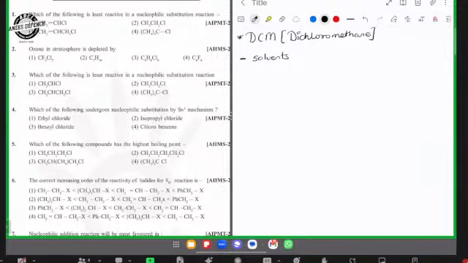Okay. So what are the harmful effects? It harms the central nervous system. Whenever we are working with DCM, we have to take proper precautions by wearing a mask and so on. It's not only in the first exposure that your central nervous system is affected; with continuous exposure your central nervous system will get affected.